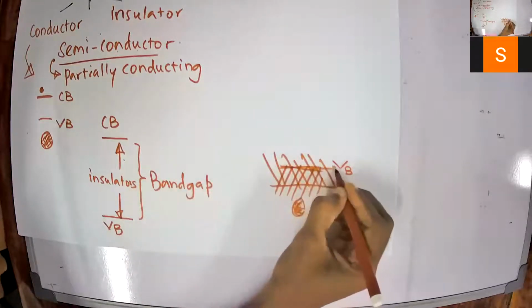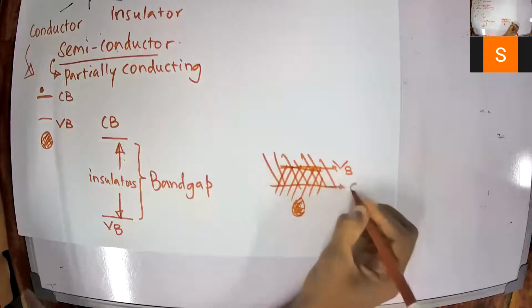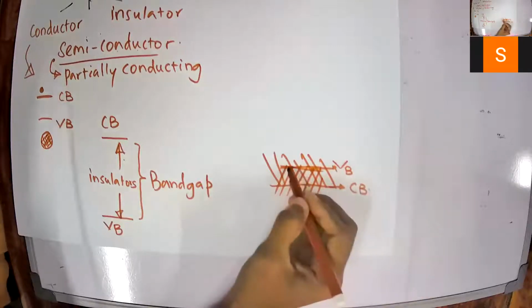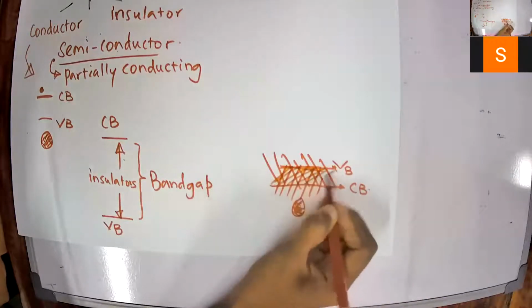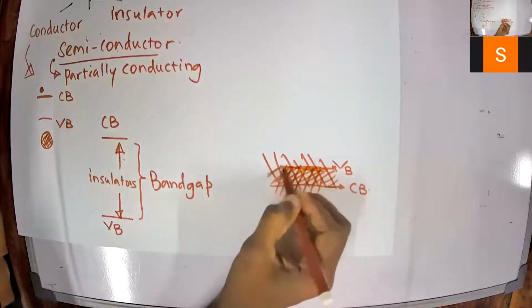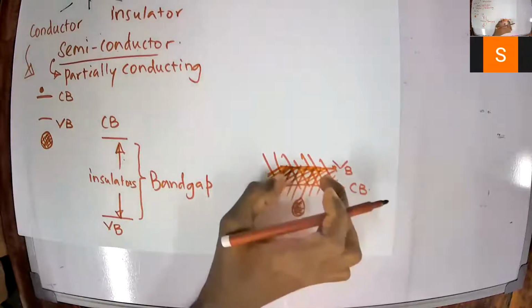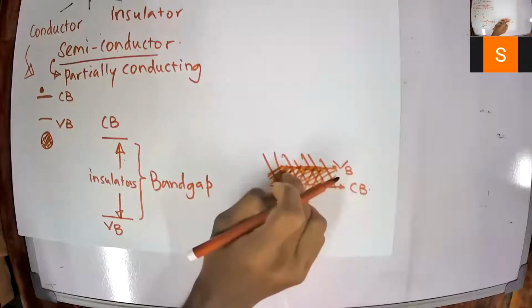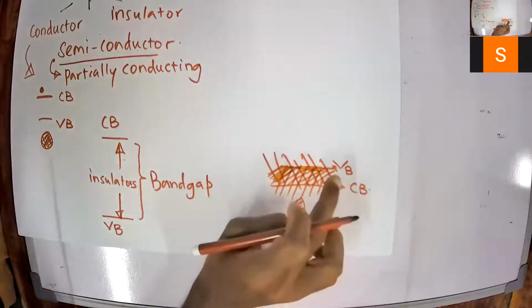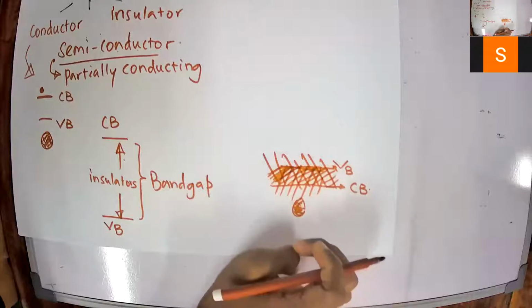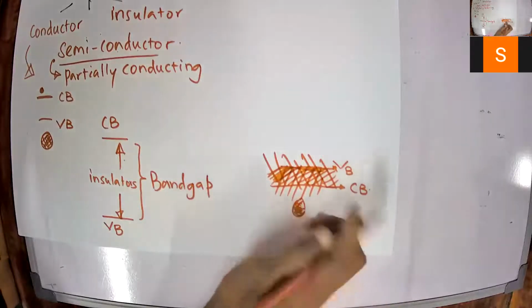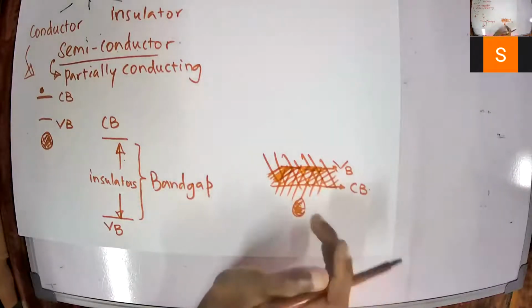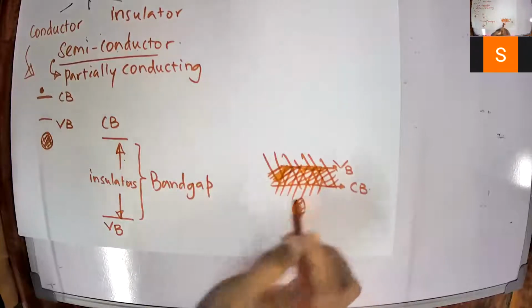So this will be your valence band level, and this will be your conduction band level. So always you will have a few free electrons in this conduction band, so the material can be called a conductor. It will conduct electricity.